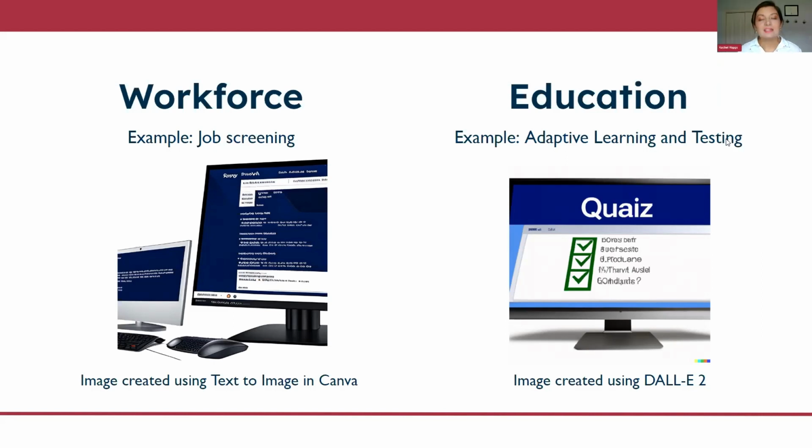So other ways that we see AI at work. In the workforce, you probably know that when you apply for a job, there are mechanisms through which they automate the screening of resumes and scan different resumes to determine which applicant is ideal for a certain position.